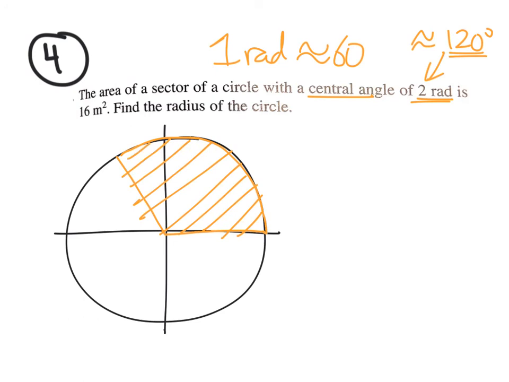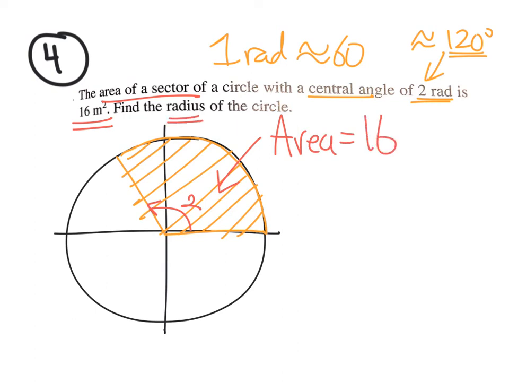We know that the area of a sector of a circle, central angle, 2 radians. So this is 2 radians, about 120 degrees, is 16 square meters. So we know that the area is 16 square meters, and we're looking for the radius. So R equals question mark.